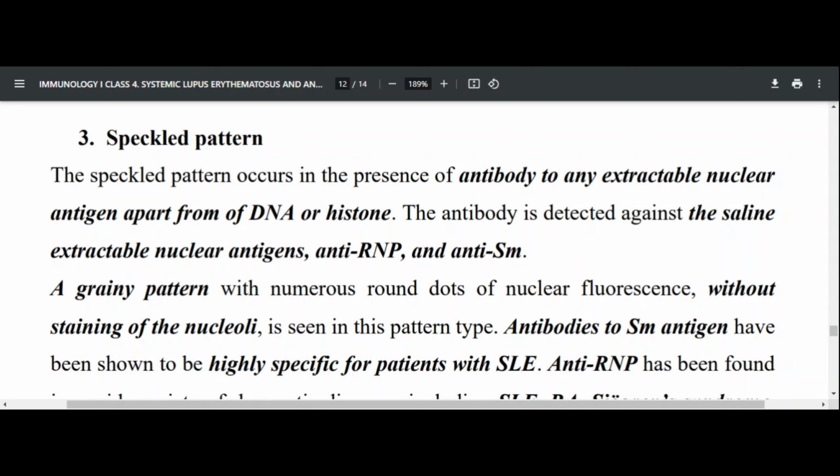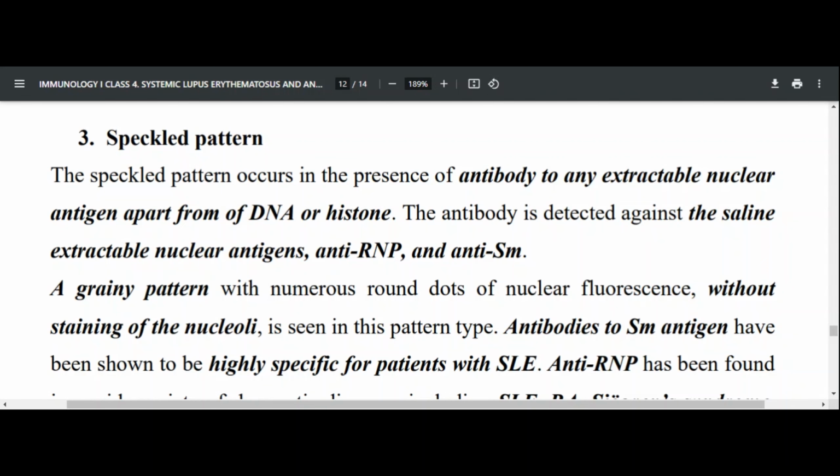Except DNA or histone, the antibodies are detected against the saline extractable nuclear antigens: anti-ribonucleoprotein, or anti-Smith antigens.